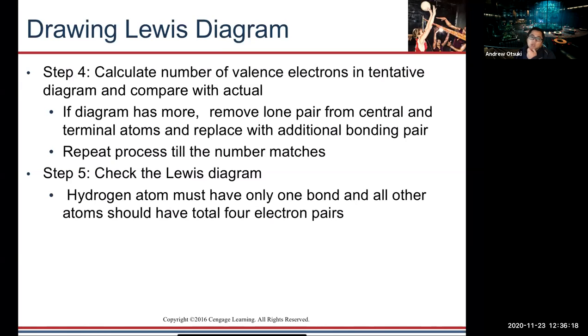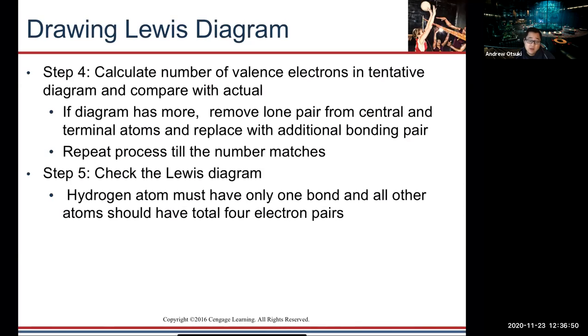So one way to think about calculating, say you have a tentative diagram and you have the actual diagram. We'll talk about this, but what it means is that you're going to have a formula, and you want to calculate what if every atom had an octet or a full shell of electrons.